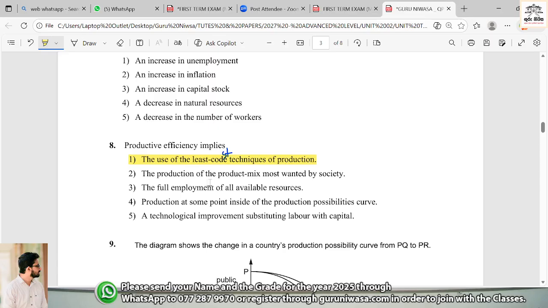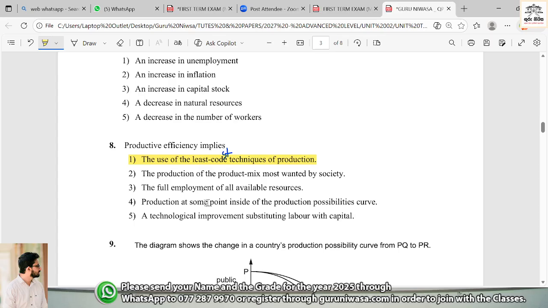The second one, the production of the product mix wanted by society, is talking not about productive efficiency but allocative efficiency. Full employment of all available resources is only one part of productive efficiency. So here the most appropriate answer is number one. Remember, productive efficiency can be defined as producing goods and services at the lowest cost.